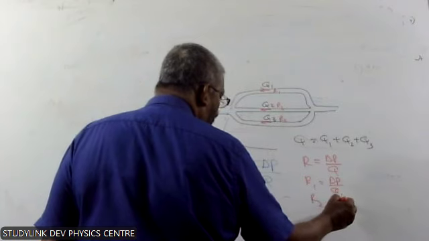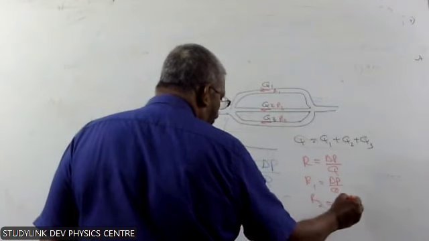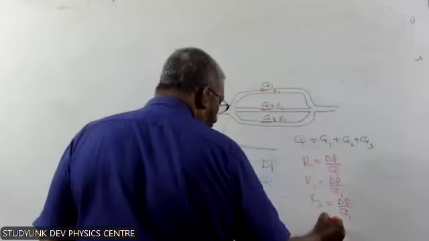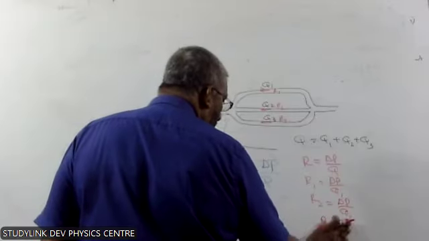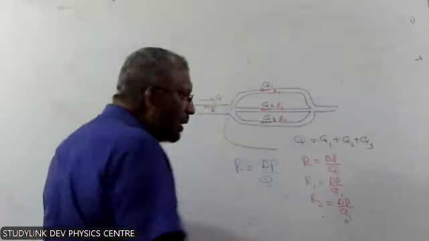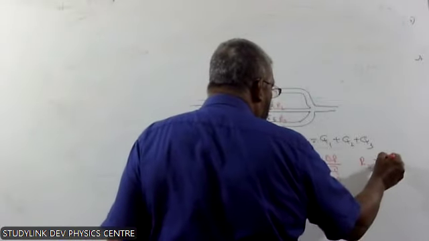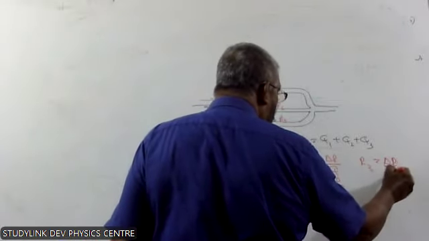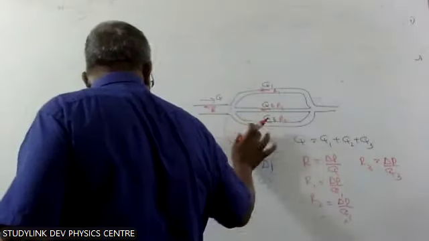R2 is equal to delta P divided by Q2. R3 is equal to delta P divided by Q3. Like that. First draw this.